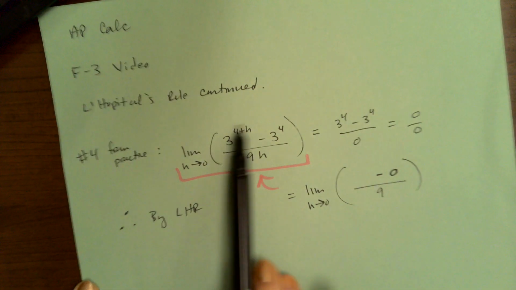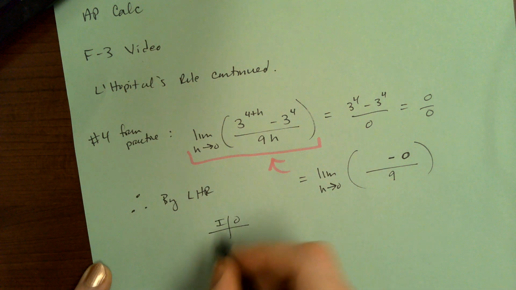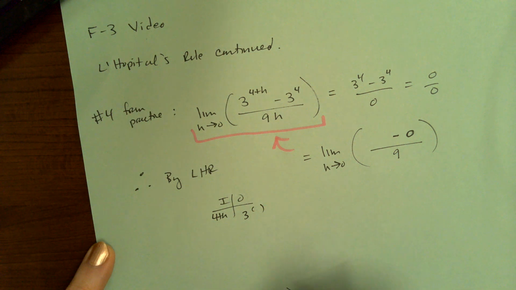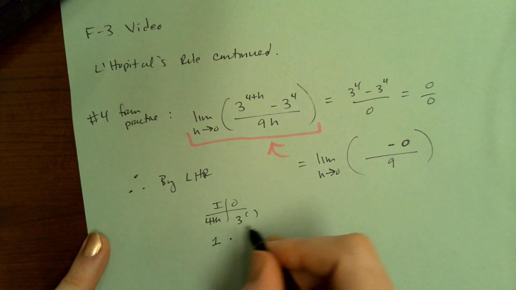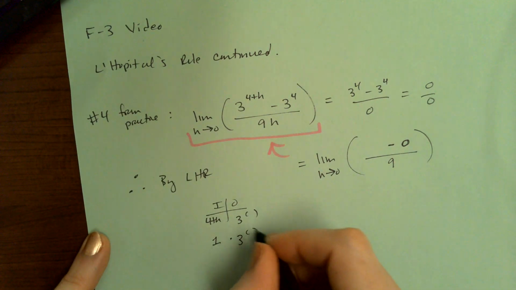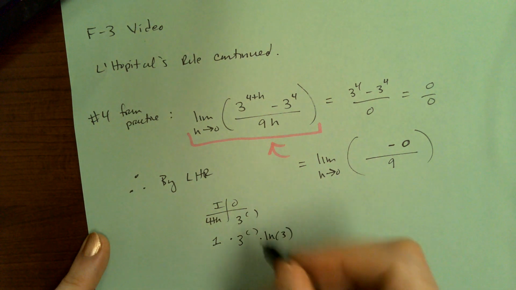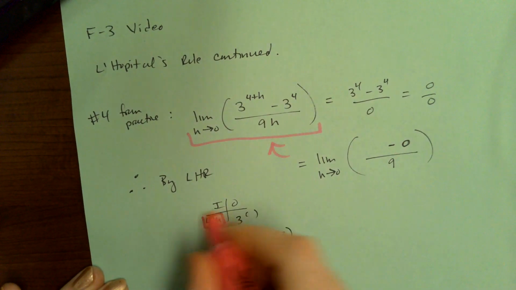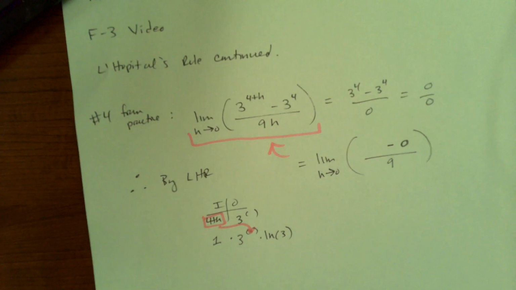For the derivative of this other term, I do need the chain rule. The derivative of 4 plus h is just 1, think of 4 plus x, times the derivative of 3 to the blank, which is 3 to the blank times natural log of 3, and what goes back in the blank is 4 plus h.